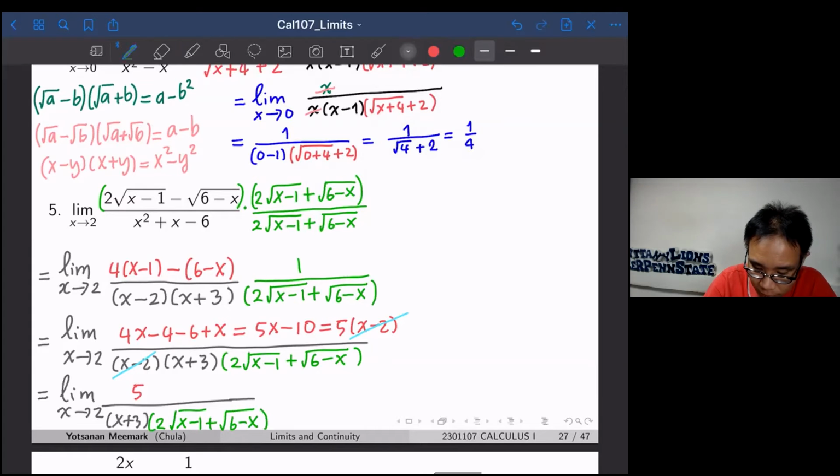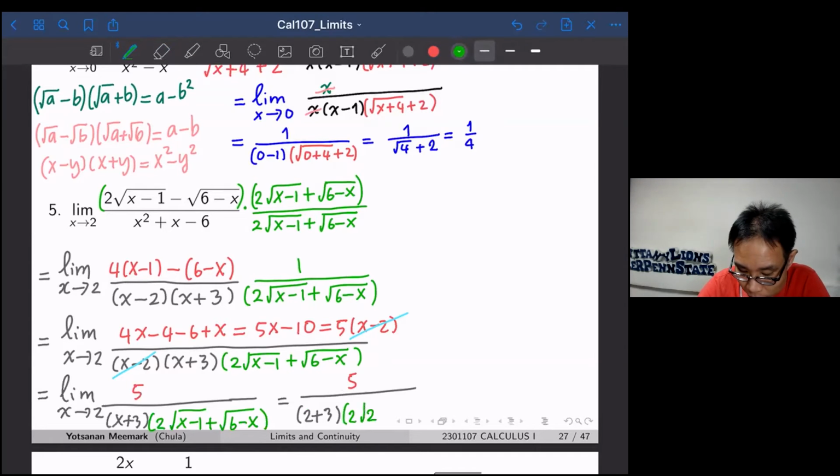So in this case, you're gonna plug in, so you get 5 on top, and you have 2 plus 3 on the bottom, and you have 2 square root 2 minus 1 plus square root 6 minus 2.